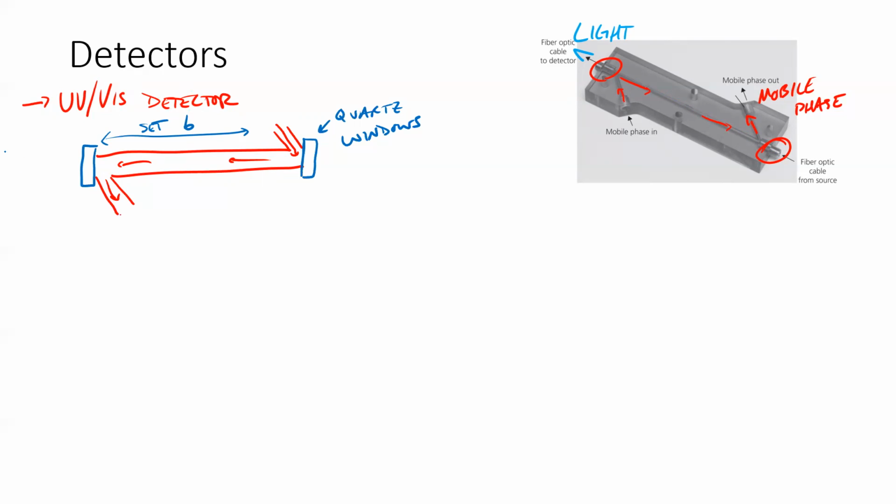And so this would be from the light source, right? And this would be out to the detector. Because we want to take pretty instantaneous readings, right? If it's flowing at 1 milliliter a minute, these capillaries are super tiny.